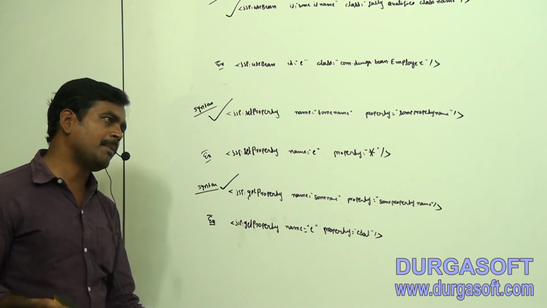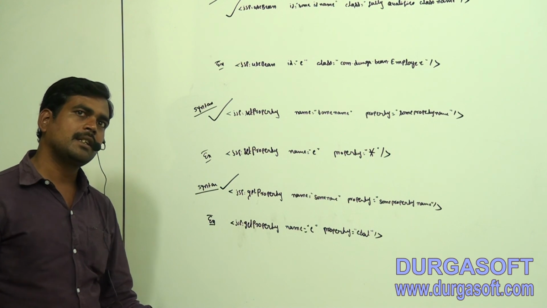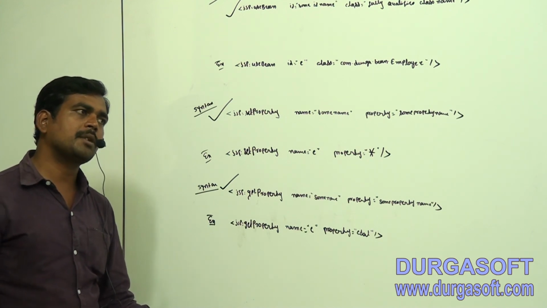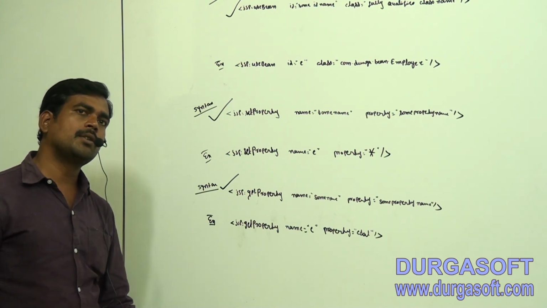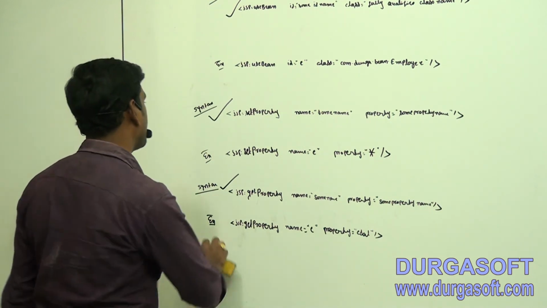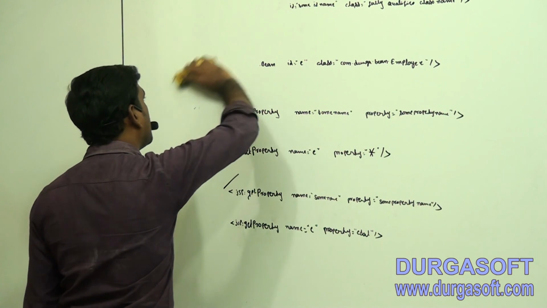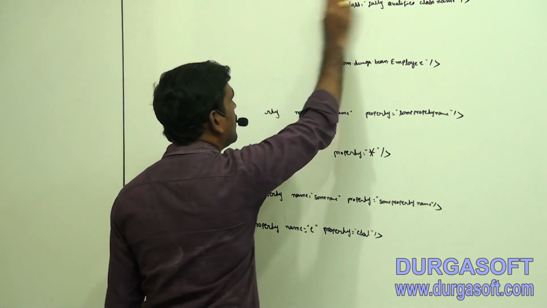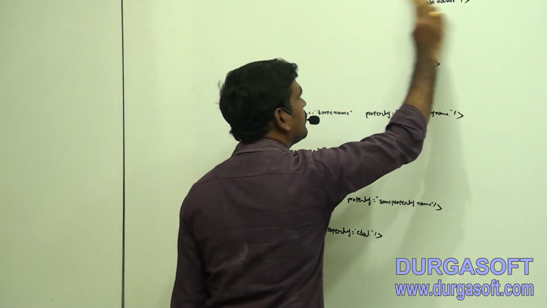If we want to implement the tag handler classes, what do we have to do? We have to remember two predefined interfaces. What are the predefined interfaces? Number one is Tag. Number two is BodyTag.